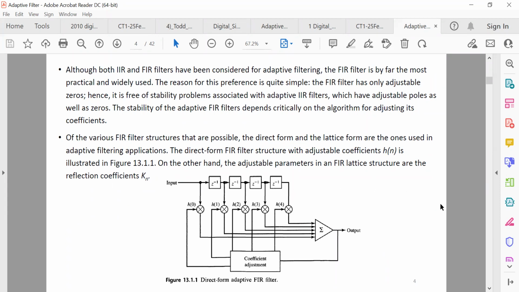So this is the direct form of adaptive FIR filters. Okay, because we are directly updating or correcting or adapting the filter coefficients.